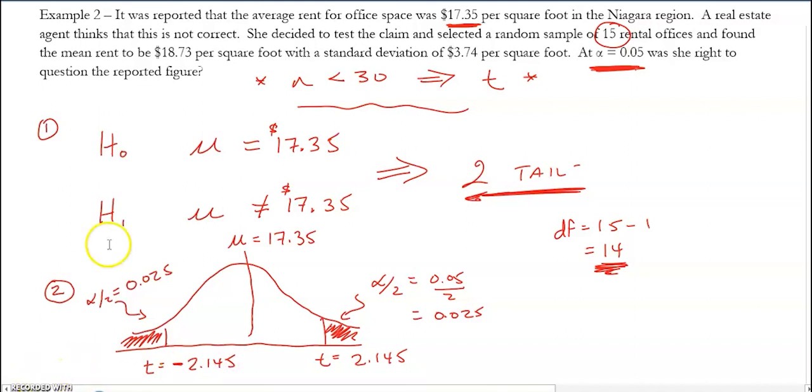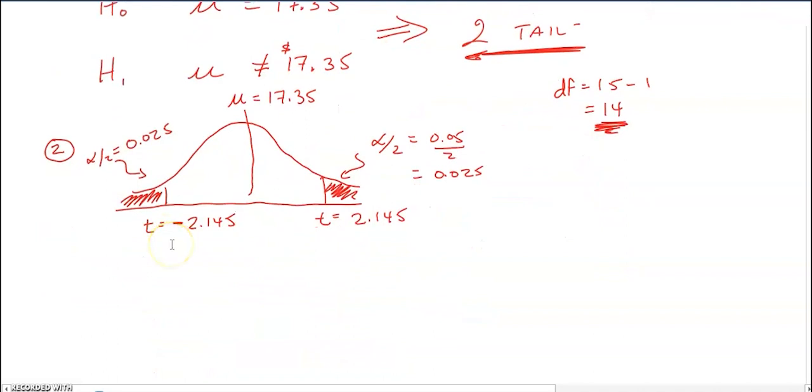The next step is to do the test and to use t is equal to the sample mean minus the population mean divided by standard deviation divided by square root of sample size. And let's put down what we know in this case.